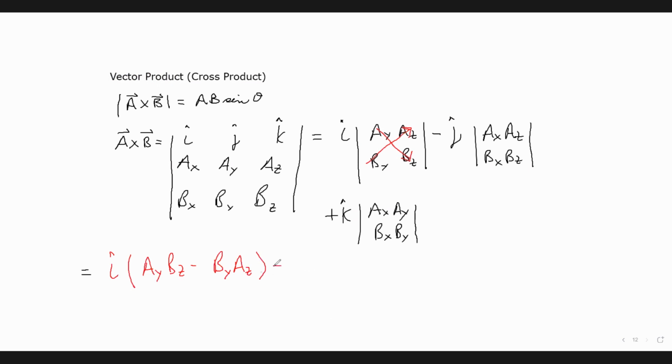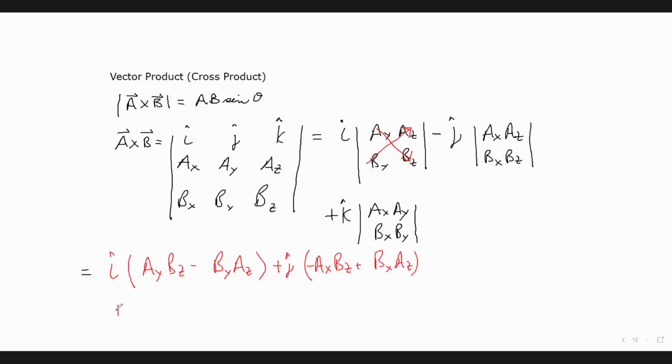Now I've got minus the jth component. So that is AXBZ minus BXAZ. Now notice you've got a minus sign here, so if you want, you can do that.